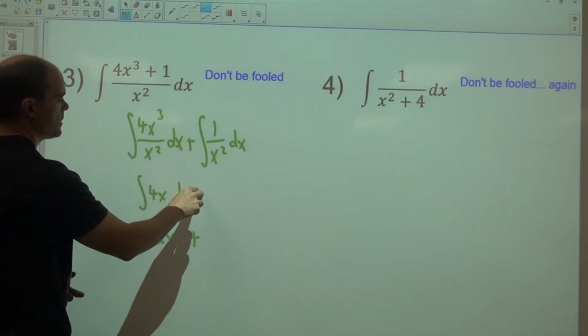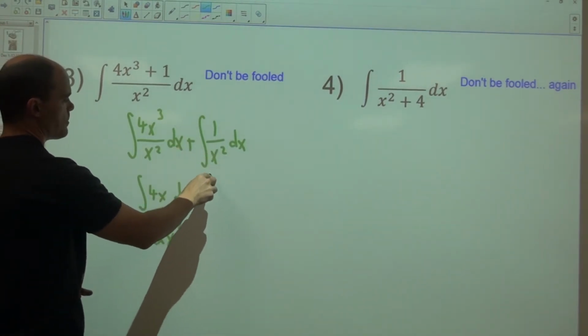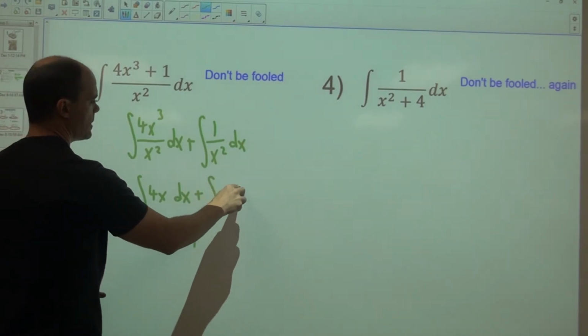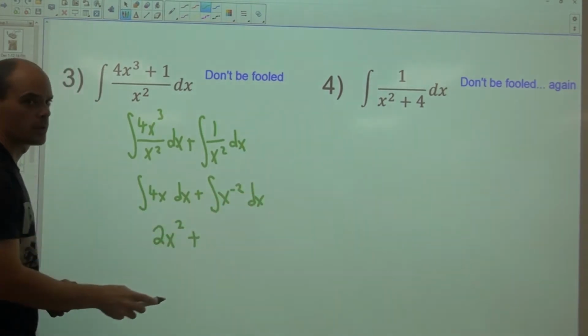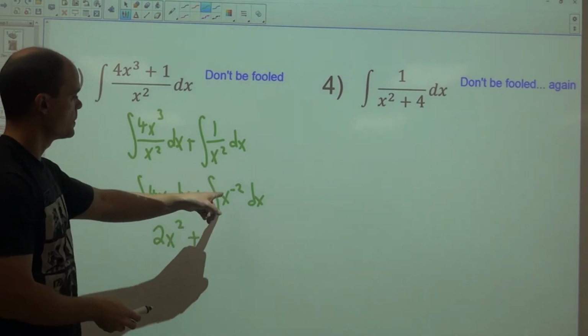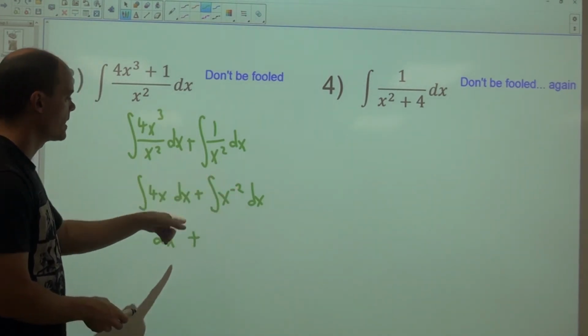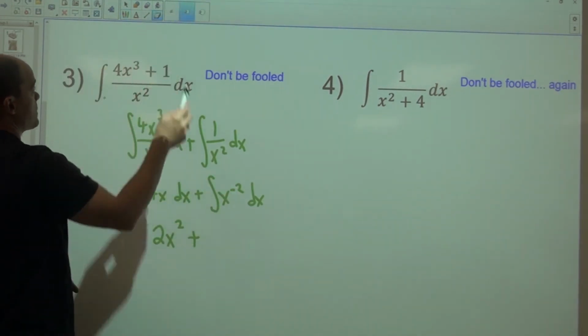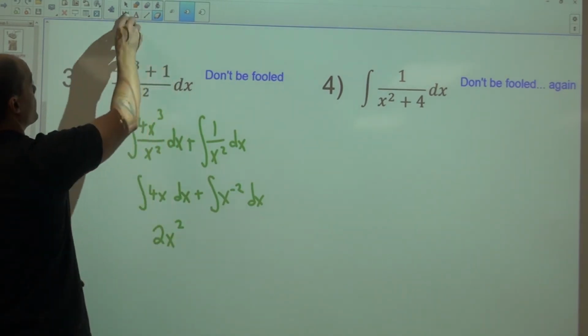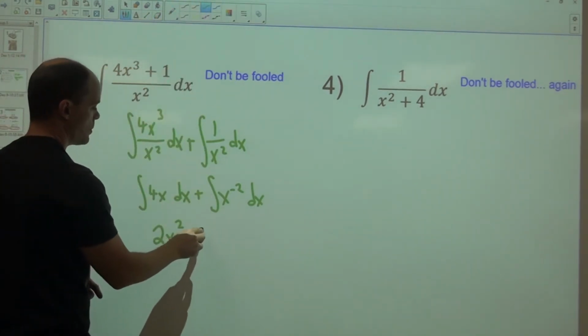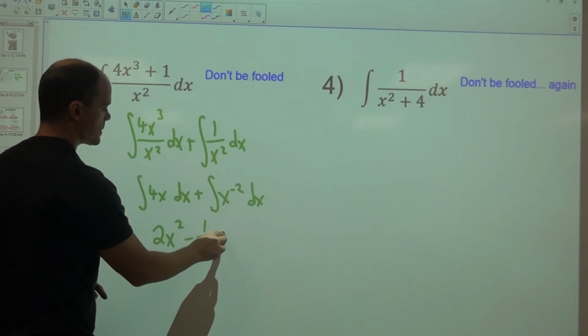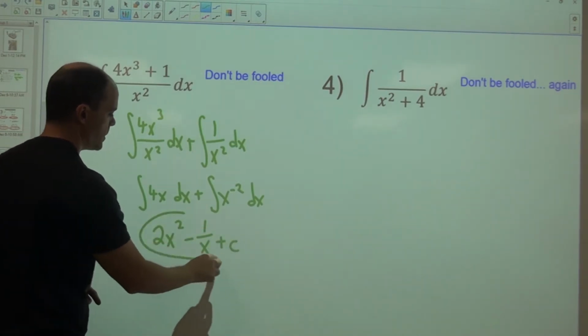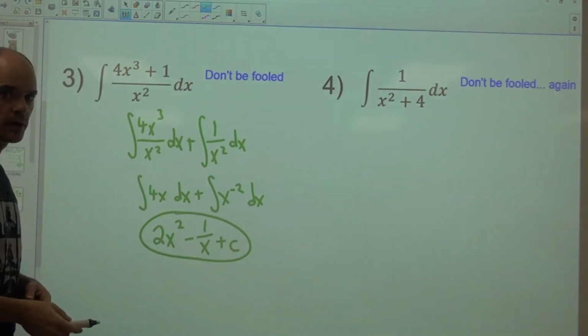And then here, this is a power rule, not a natural log, right? So this goes up to -1, and we need -1 to cancel that. So let's make it a little bit cleaner and say this is minus 1 over x plus c.